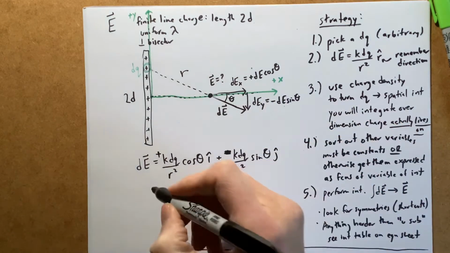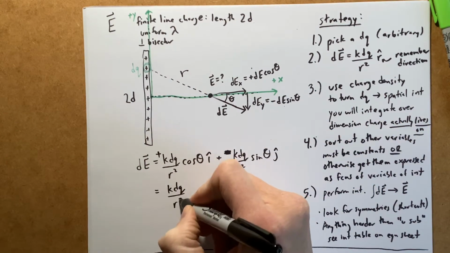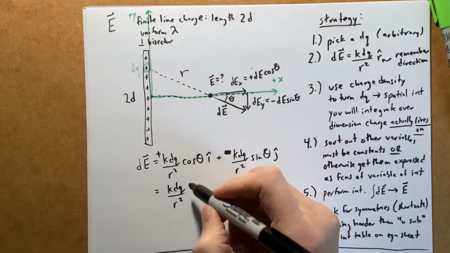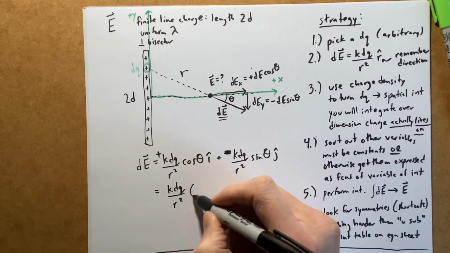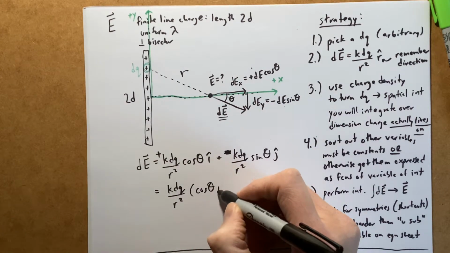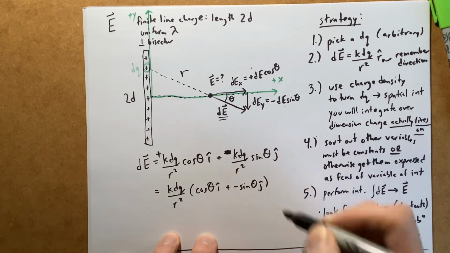So I can, of course, factor out this common term here. That's just the magnitude of the contribution overall. And then you have cosine of theta i hat and negative sine theta j hat.